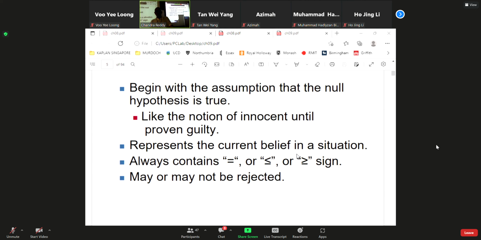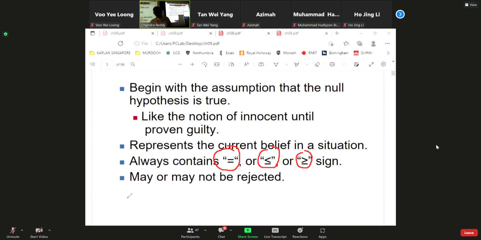So we have to test the null hypothesis, and the null hypothesis represents the current belief, or the idea that the current situation is better. Therefore the null hypothesis always contains an equality sign, or it can also contain less than or equal, or greater than or equal. The null hypothesis will never contain an inequality.